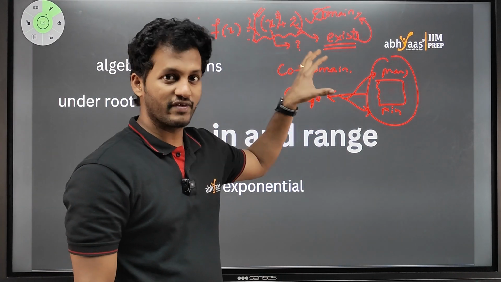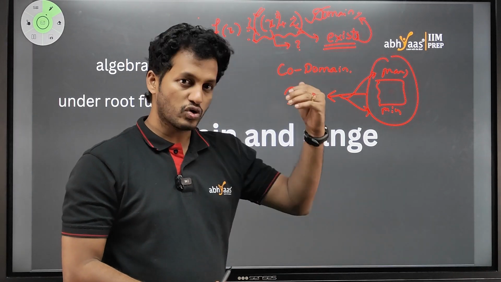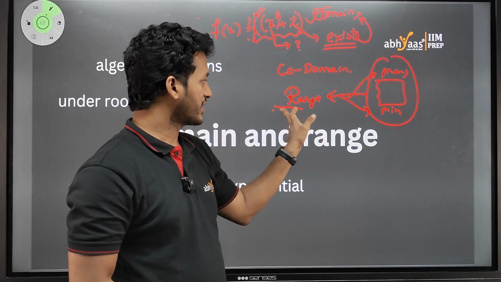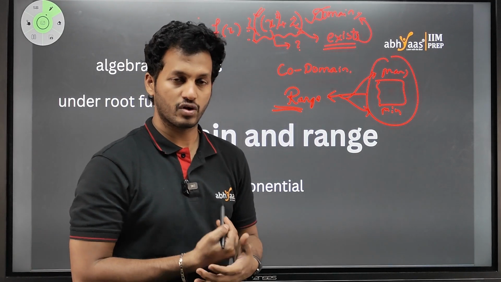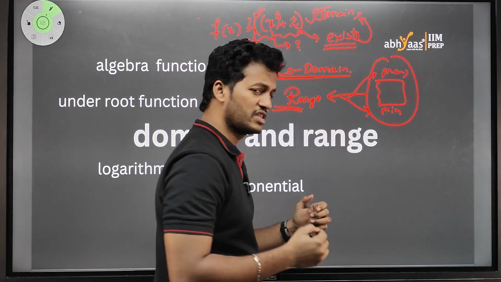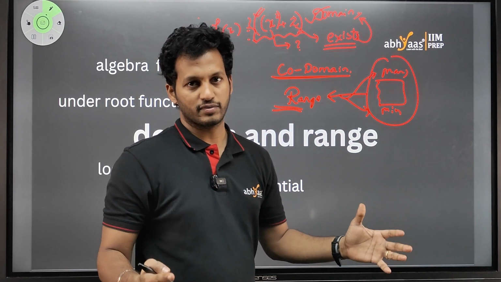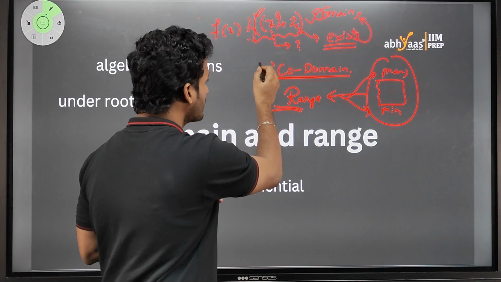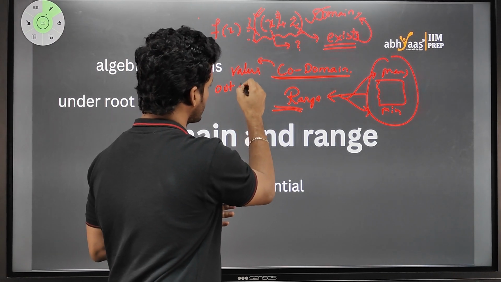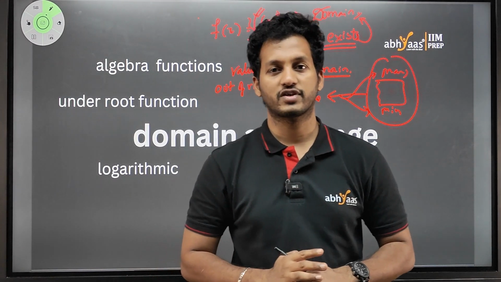If I take the domain values in the function in place of x, I'll get some values of f of x. Those values ranging from minimum to maximum will be the range of that function. But what is this codomain? The codomain is nothing but the range included with other numbers. That means there will be some values out of range. That is called the codomain.